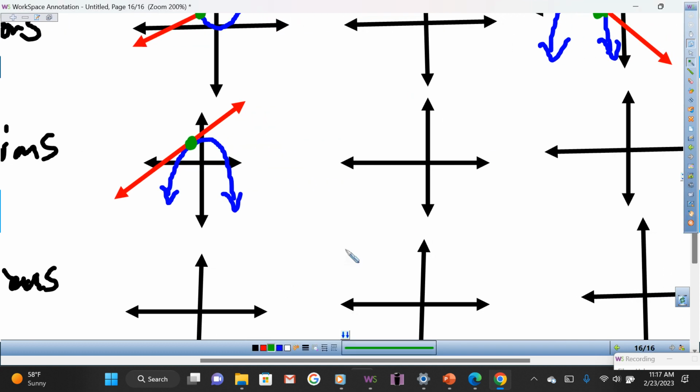Next, I'm going to sketch a parabola parent function, and I'm going to move it to the bottom right over here. And I want to sketch a straight line going through y equals negative 4, let's say about right there. It barely touches, so that means there's only one solution.